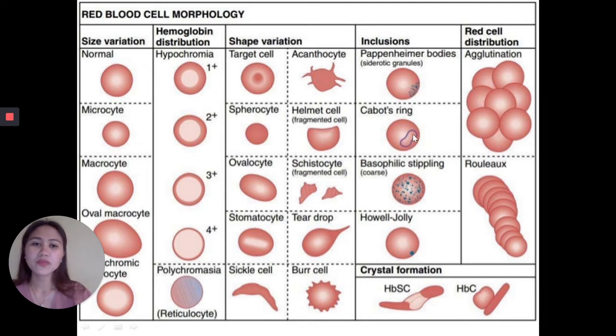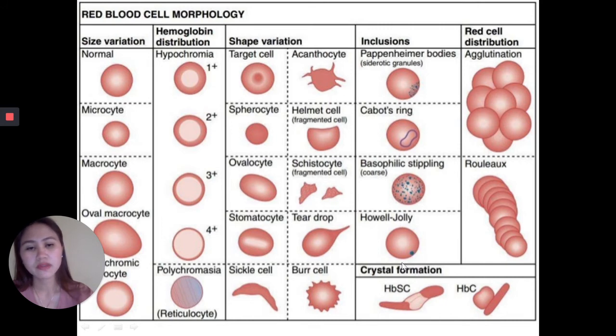And then we also have Cabot ring that looks like this, or sometimes it's an 8 form. And then also we have basophilic stippling. This one is a basophilic stippling, and then Howell-Jolly body.